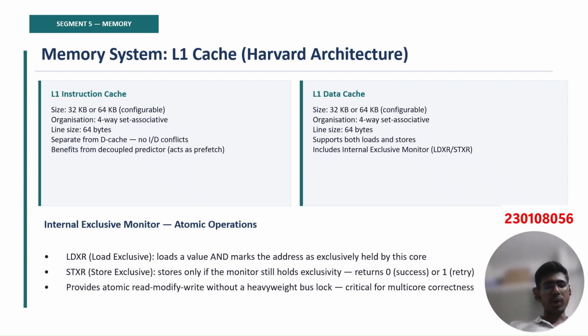LDXR means load exclusive. It loads a value and marks the address as exclusively held by this core. And STXR, store exclusive, stores only if the monitor still holds exclusivity. It returns 0 if successful or 1 if you need to retry. This provides atomic read-modify-write without a heavyweight bus lock, which is critical for multi-core correctness.